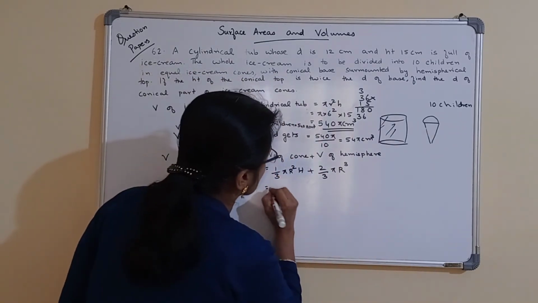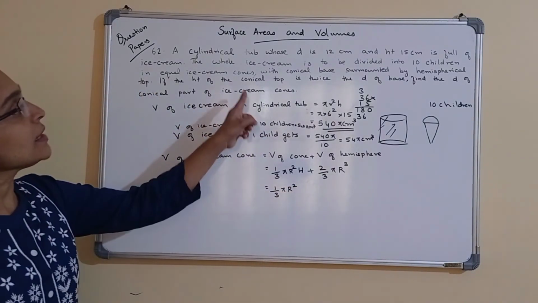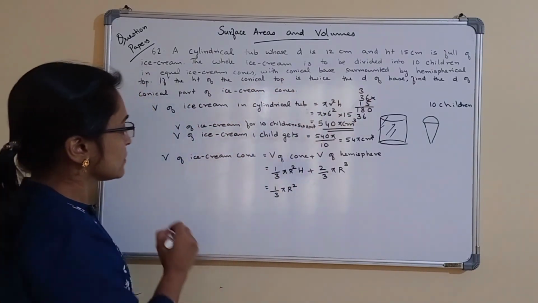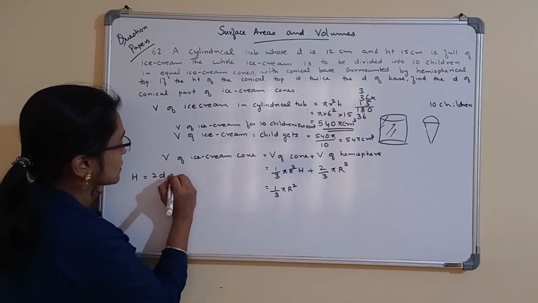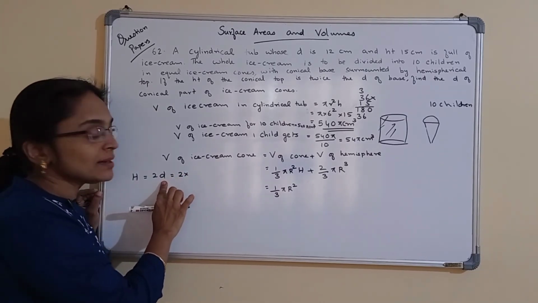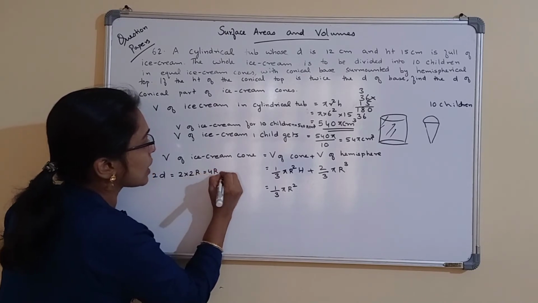So it is equal to 1/3 pi r square into, and given that the height of the conical top is twice the diameter of the base. That is, height is equal to 2 into diameter, and diameter is twice the radius, so 2 into 2r, which is equal to 4r.